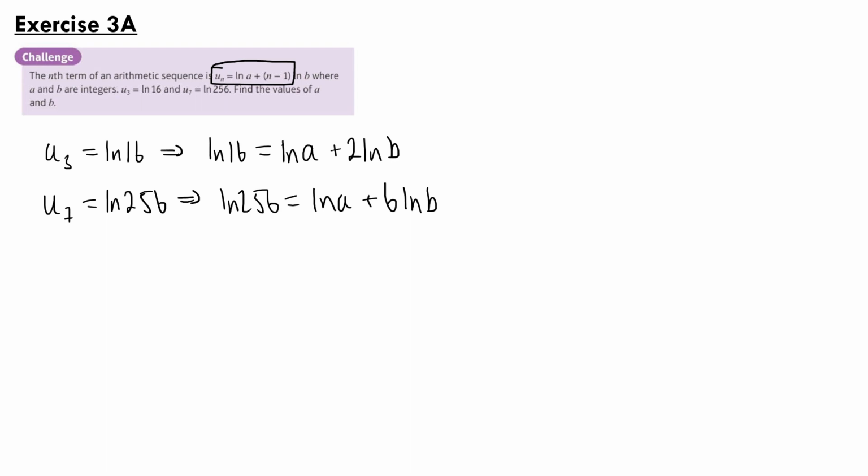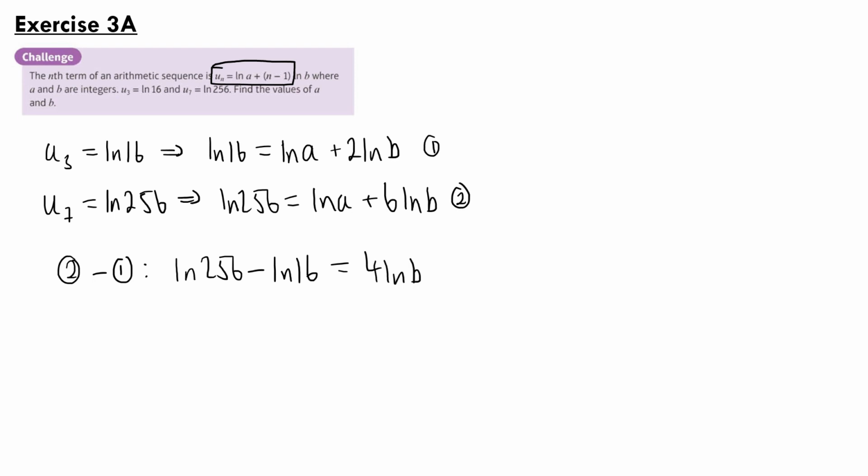The easiest way to do that is to subtract the two equations from one another first. So if we do the bottom one take away the first one, on the left hand side we're going to have ln 256 take away ln 16, and the ln a's will cancel on the right hand side and we'll be left with 4 ln b.